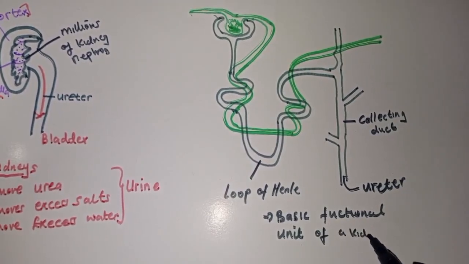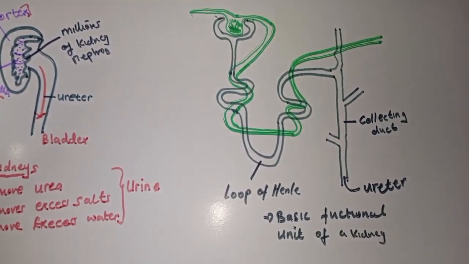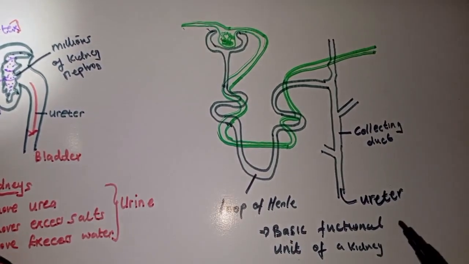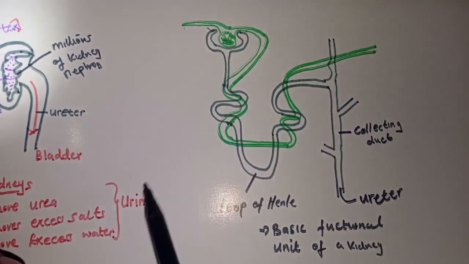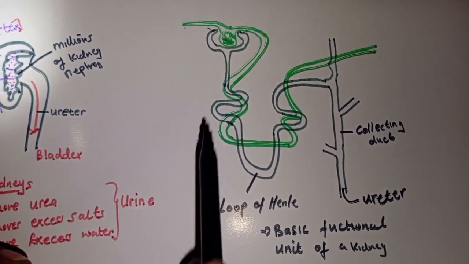This is what the nephron actually is. All right, so we're still labeling certain things. You notice this part here is coiled, and there's a nice term we use to refer to something coiled.